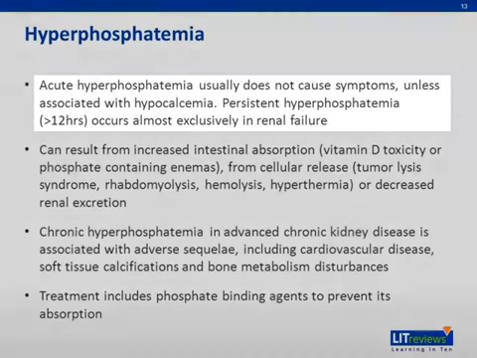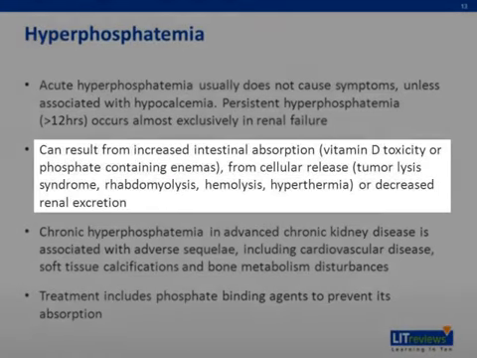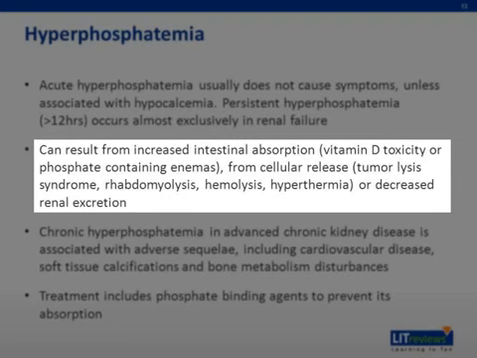Hyperphosphatemia. In general, the acute development of hyperphosphatemia does not cause symptoms unless it is associated with hypocalcemia. Persistent hyperphosphatemia occurs almost exclusively in renal failure. Acute hyperphosphatemia can result from increased intestinal absorption, like vitamin D intoxication, or after the use of high phosphorus-containing enemas.